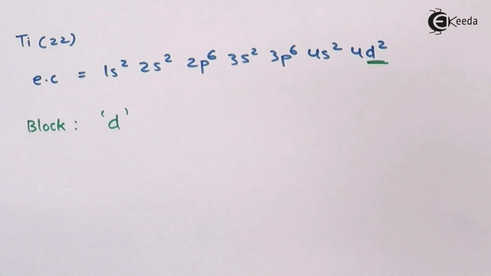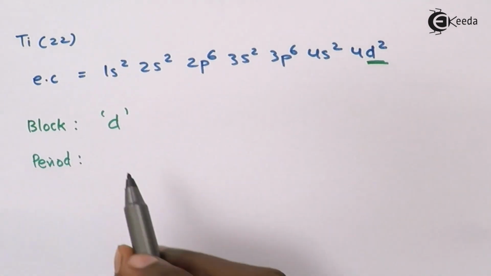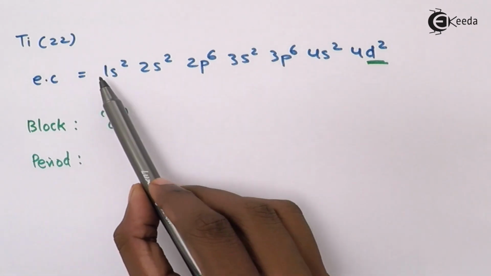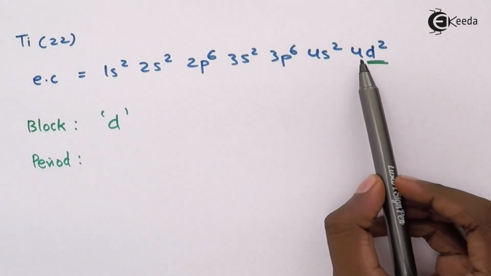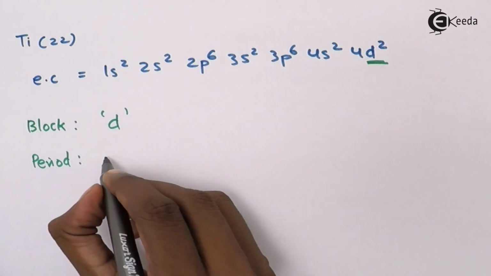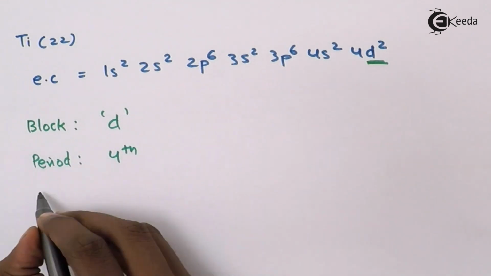Talking about the period, the outermost shell in this case is 4, or we could say the principal quantum number for the outermost orbit is 4. So the period would be 4th. And to which group does it belong?